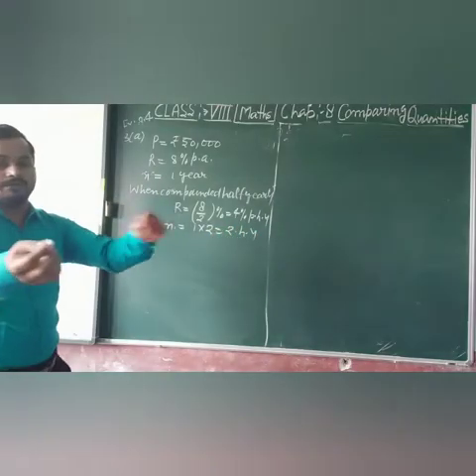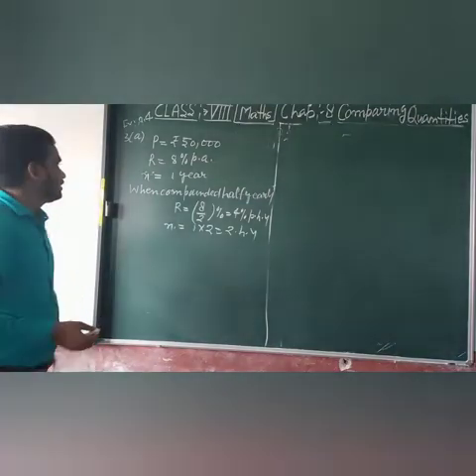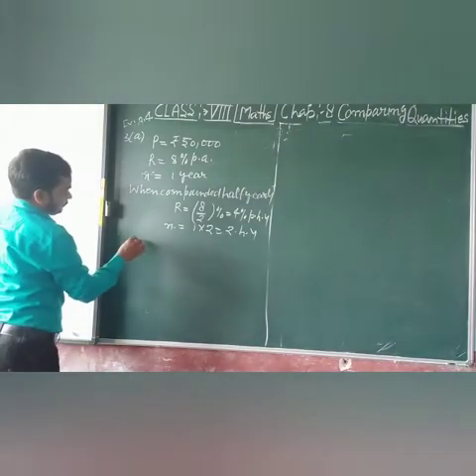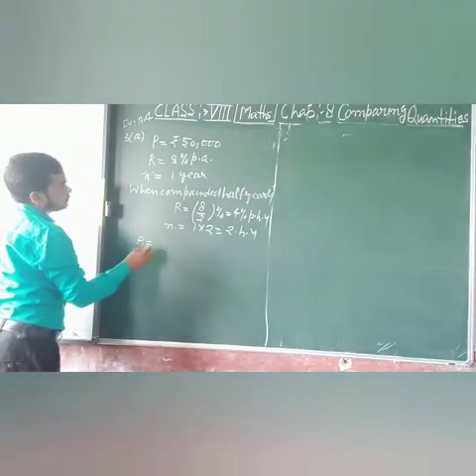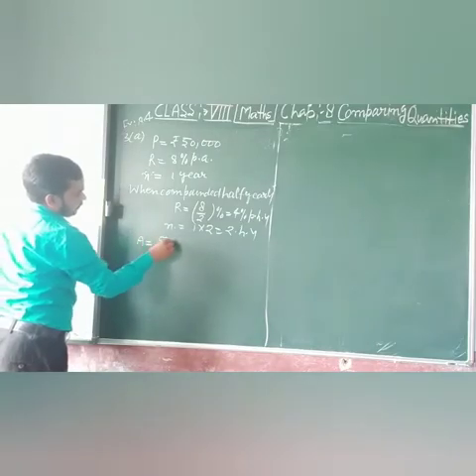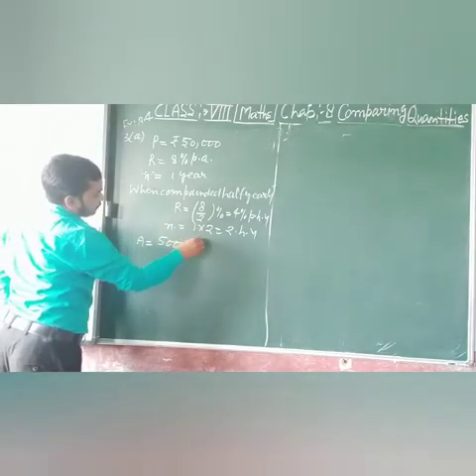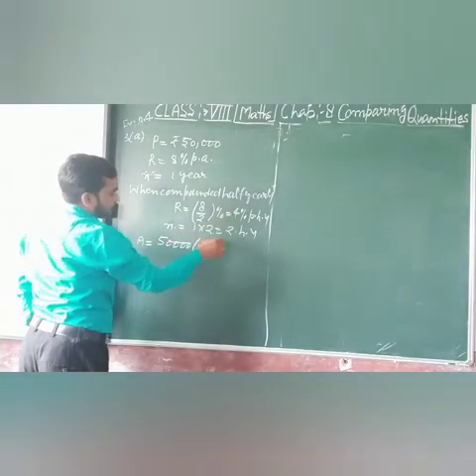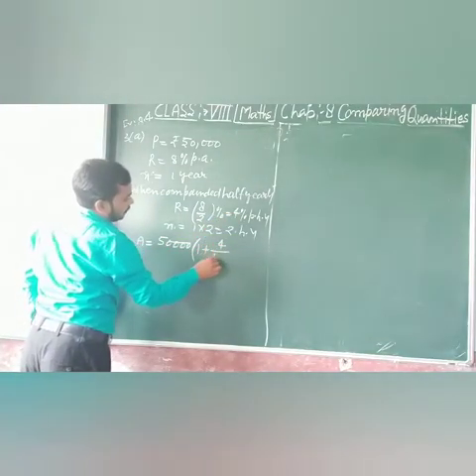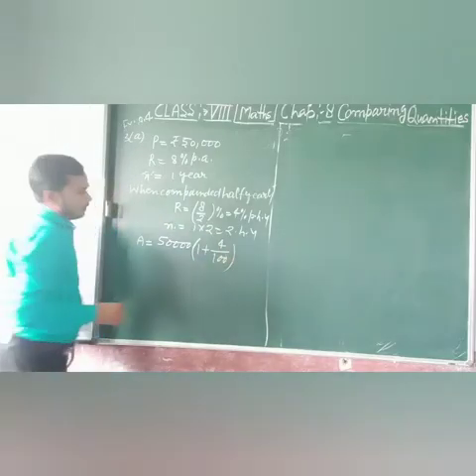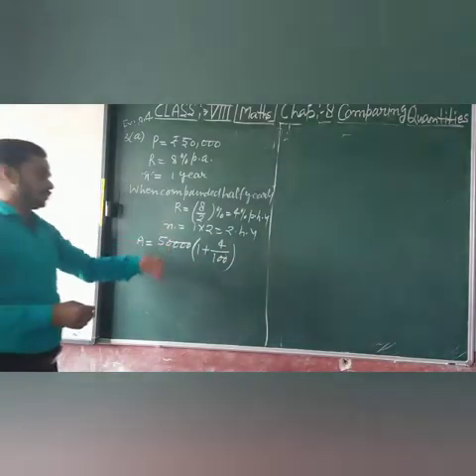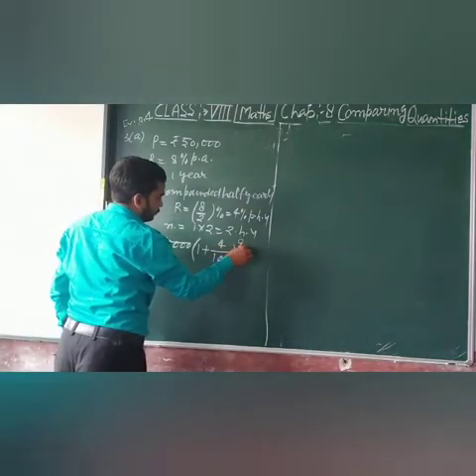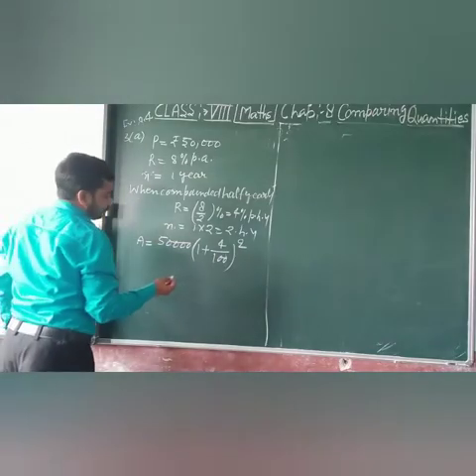Because we know that in 1 year we have 2 half yearly, and apply the formula of amount equal P, given 50,000, 1 plus rate becomes 4%, 4/100, and when we compound half yearly, time is 2, equals to power 2.